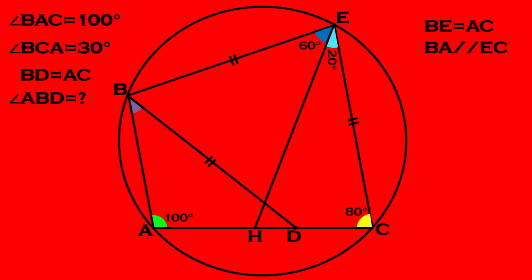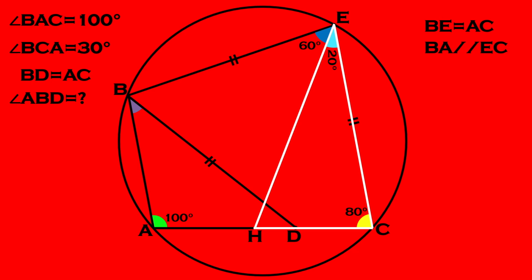So point H is somewhere on the interior of AD. Observing this white triangle and using sum of angles equal to 180 degrees, we calculate the remaining angle. And we notice that this triangle has two angles both equal to 80 degrees.